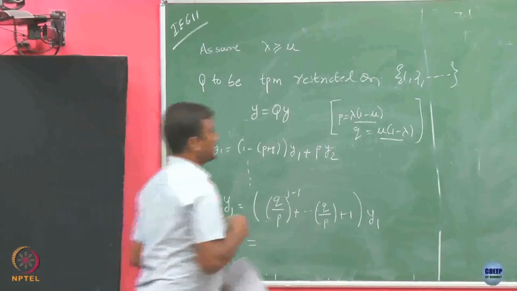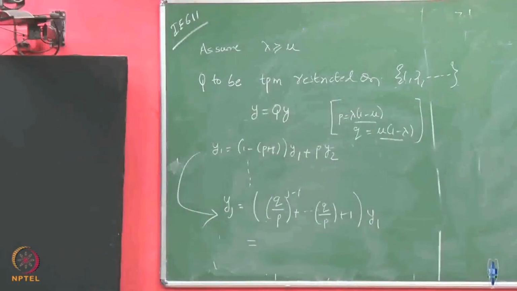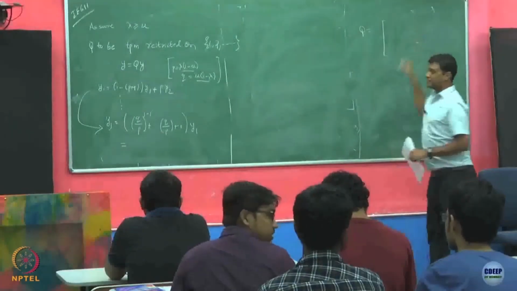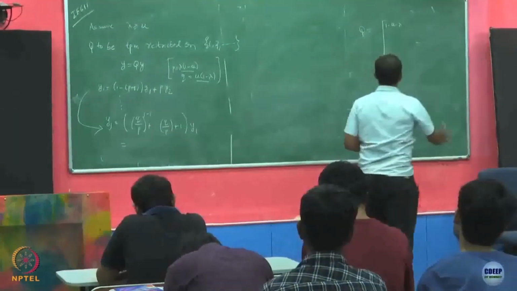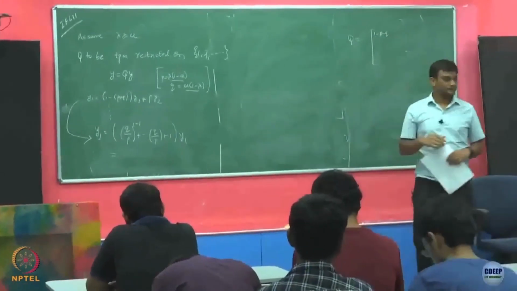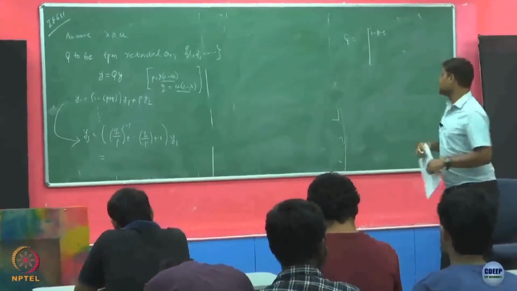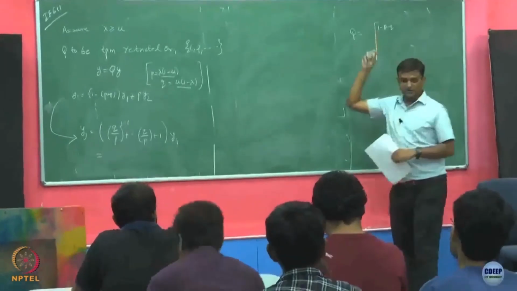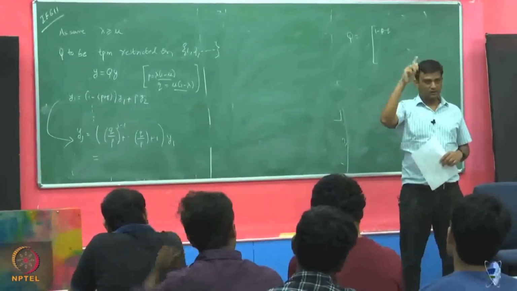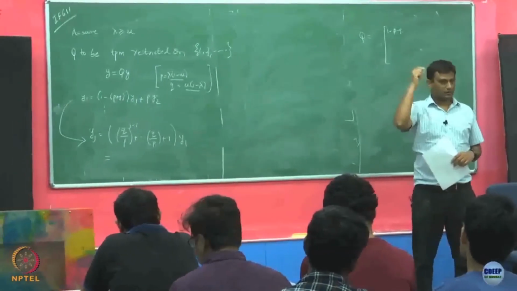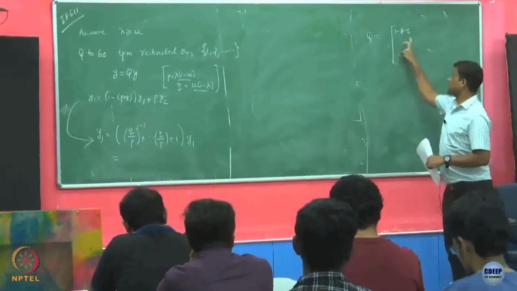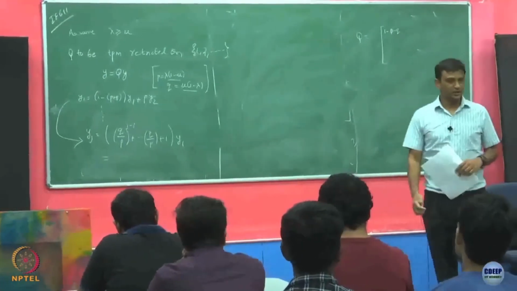Further simplifying this, it is q y2. Let's quickly check that. How is my Q going to look? What is my first row going to be? 1 minus p minus q. What is the second row going to say? From 1 I go back to 0, right? But I have removed state 0, so it is going 1 to 1, so this is 1 minus p minus q.